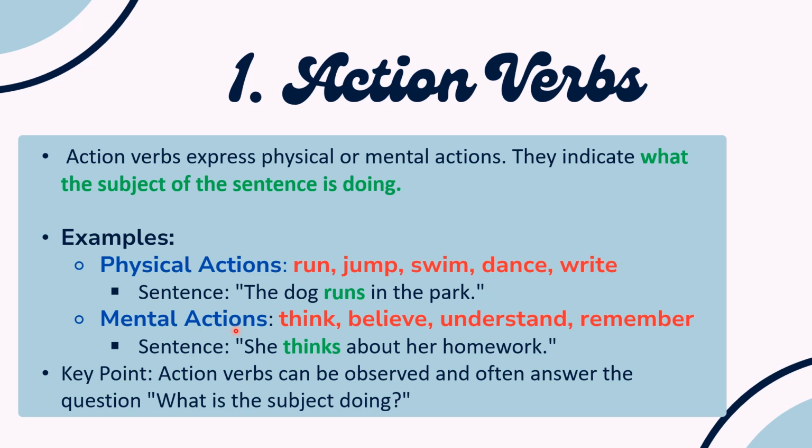These types of words are mental action verbs. In the sentence, you could use, she thinks about her homework. Again, she is the subject and thinks is the mental action, the action verb. So an action verb usually tells us what our subject is doing.